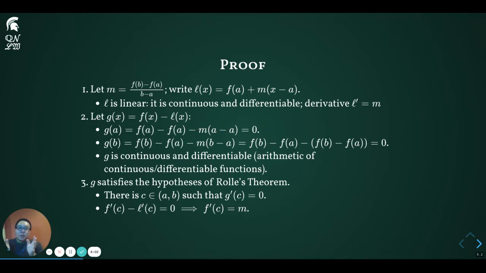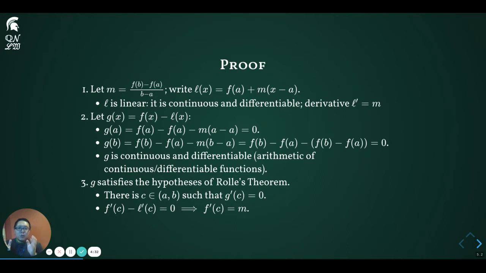What we want to do here is to make use of Rolle's theorem. Now, Rolle's theorem only works for functions whose outputs at a and b are equal. Our function does not satisfy this property, so first we create the function L of x given by f of a plus m times (x minus a). The slope m is the rise over run of the function f from a to b, namely the value of (f of b minus f of a) divided by (b minus a).